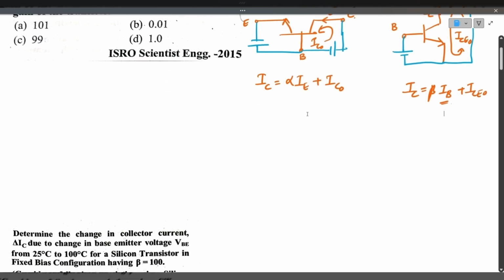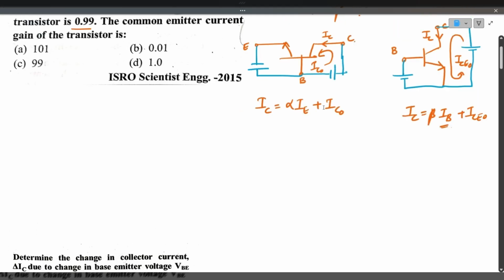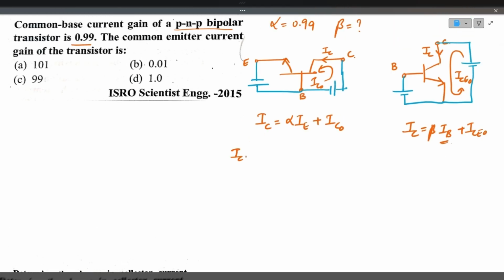Now we'll see the differences here. If you derive the equation for the common base, IC is equal to alpha times IE. The emitter current is nothing but the sum of collector and base currents, so IE equals IC plus IB, and IC equals alpha IC plus alpha IB plus IC naught.